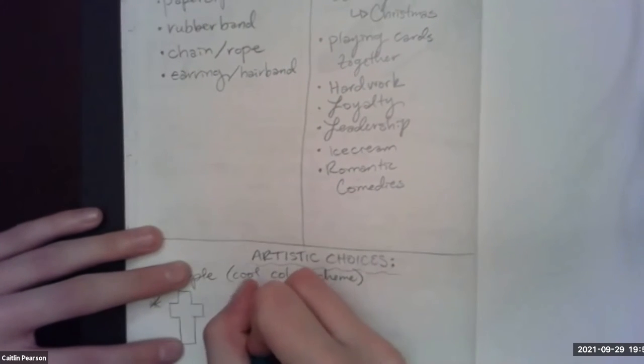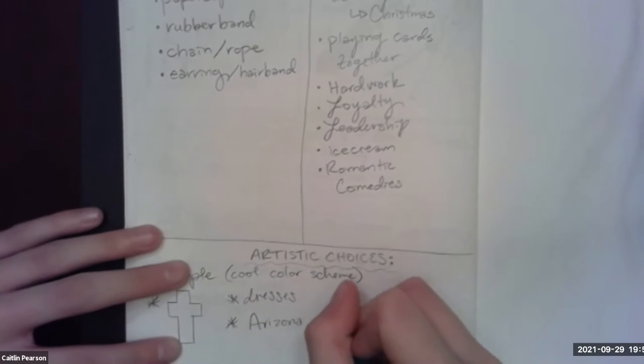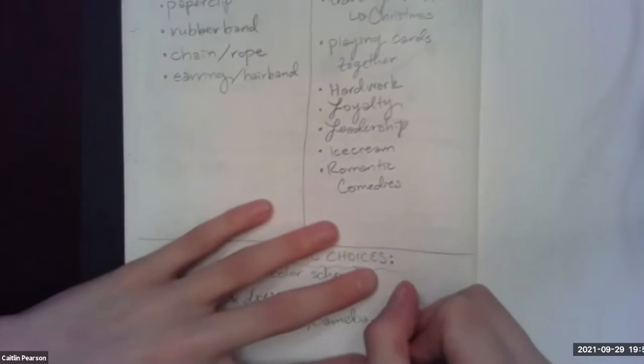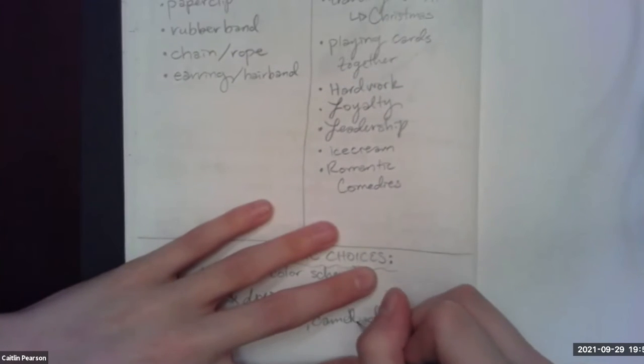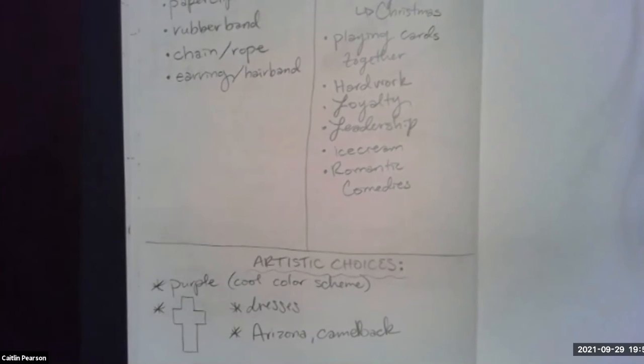I think I'm going to incorporate something to do with Arizona and Camelback Mountain, because that was a really impactful location that was important to me. So you can write down locations, images, symbols, and then color scheme as well in there. That's going to help you be super successful in studio time.